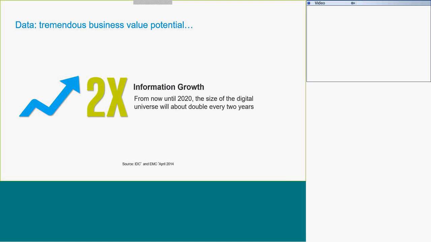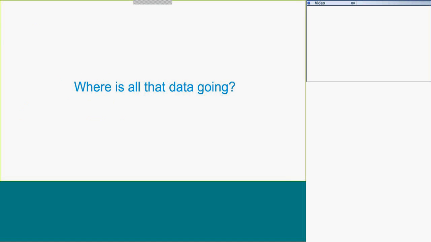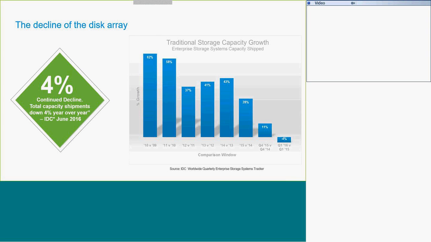So vSAN provides significant improvements in the storage area. The cost of capacity has continued to decline over the years, and the concept of hyper-converged infrastructure has emerged a few years ago and continues to grow.